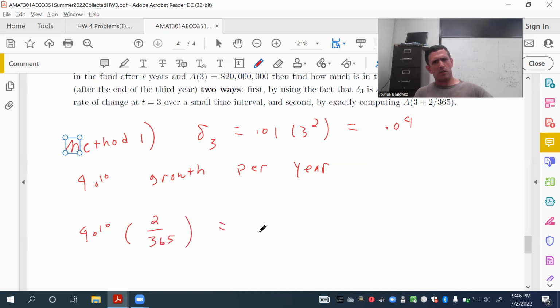It's slightly different on my solution sheet, so just bear with me. This is going to be 0.049315% growth per 2 days.